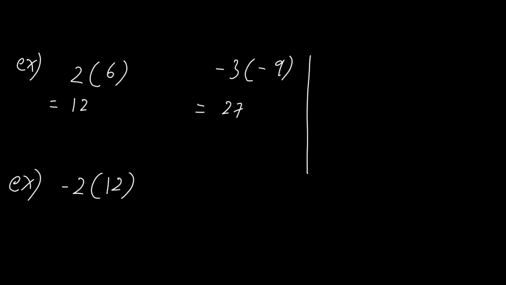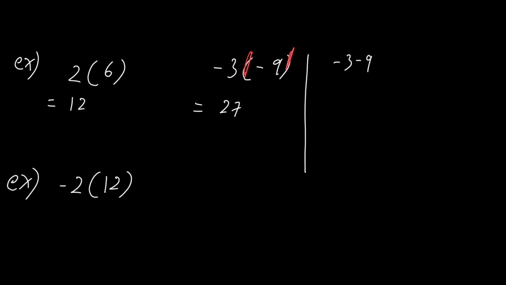If I rewrite it as -3 minus 9, what happened here is I just got rid of this parenthesis, so it changed from multiplication to subtraction. And the rule for subtraction is -3 plus the additive inverse of 9. This additive inverse of +9 will be -9.